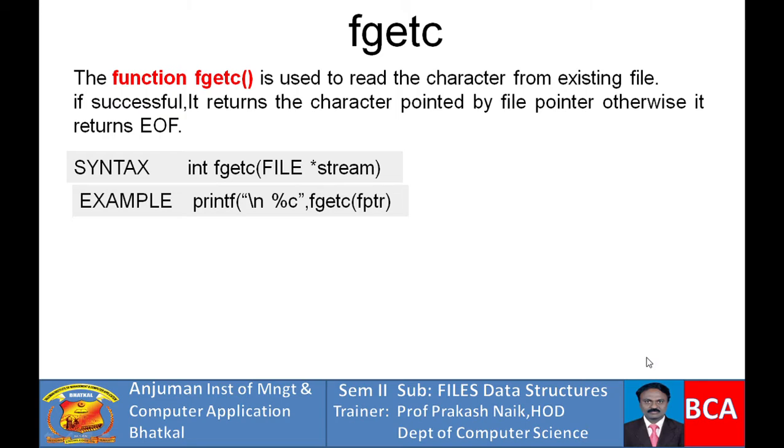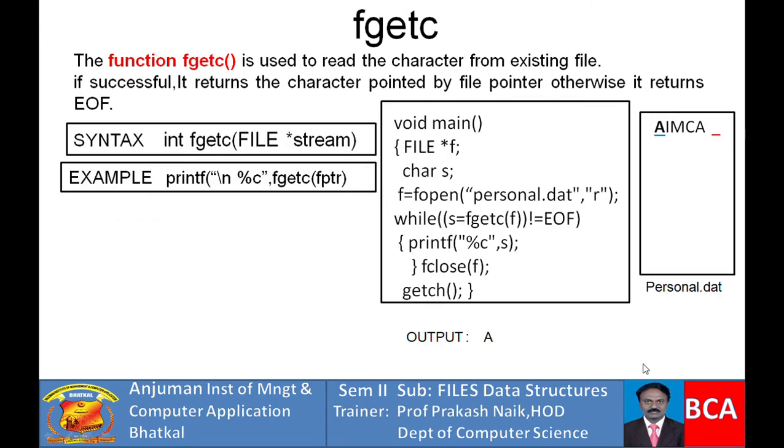If we compare with the previous example, personal.dat, the first character was A from AIMC. So fgetc will retrieve A, and that letter will substitute for %c here. It is printed on the computer screen because it is printf. So let us go in detail with an example.